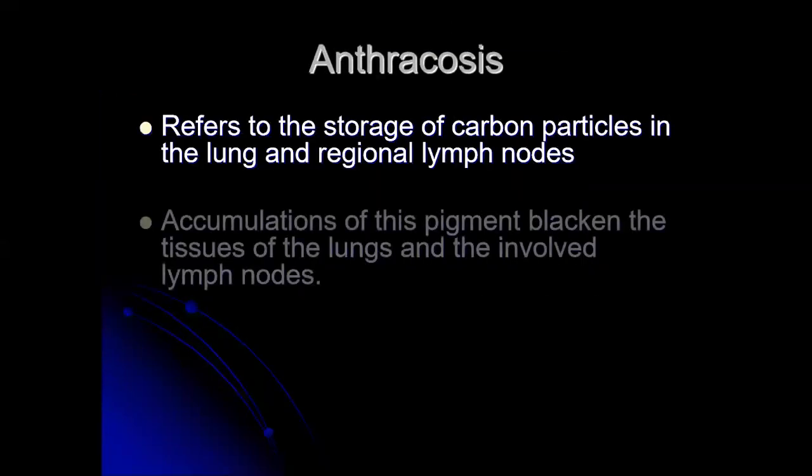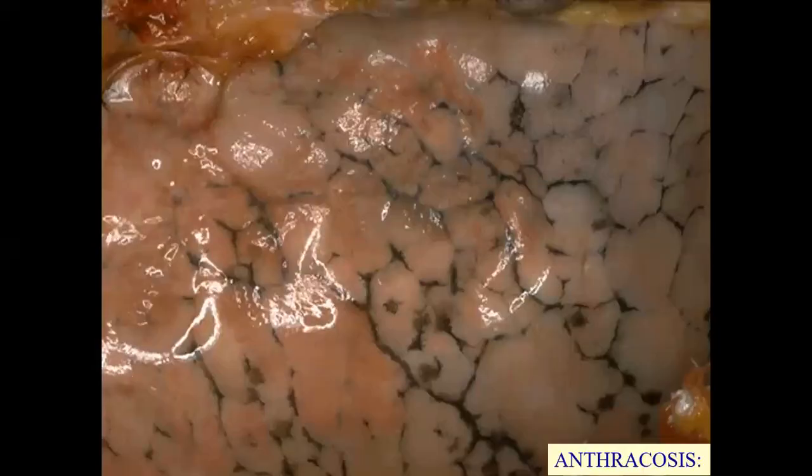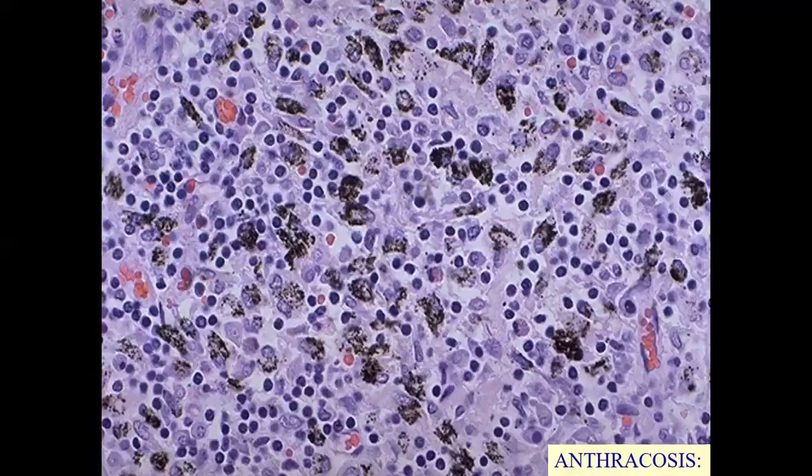And as you can see, if we go around doing dissection, you'll note that our lungs are not this glistening grayish. There are some dark particles within the septa, and this is carbon pigment. When it's in excess, and especially for those of you who are smokers, this dark pigment will be lodged within the alveoli and the regional nodes.